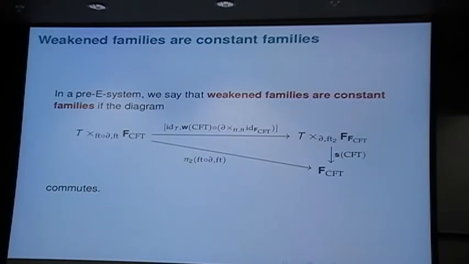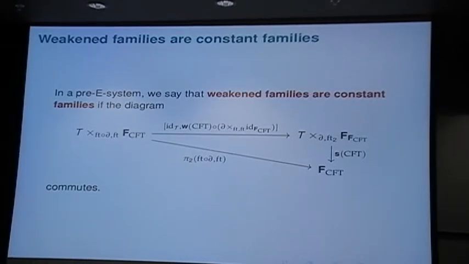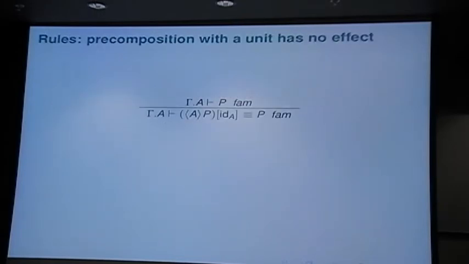In a category with finite limits, you express this as a commutative diagram where you weaken, and around it you do nothing, but you make sure that you have the right codomain, and then you substitute, and that's the same thing as forgetting stuff. Then there is precomposition with the units.